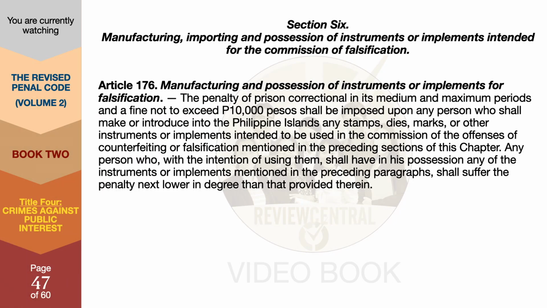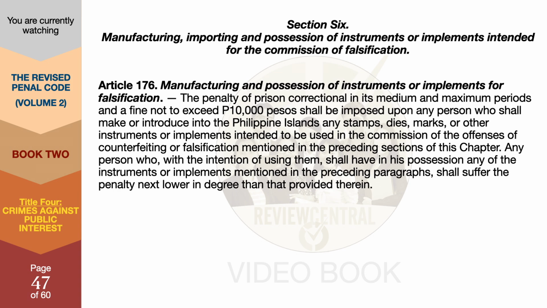Section 6. Manufacturing, importing, and possession of instruments or implements intended for the commission of falsification. Article 176. Manufacturing and possession of instruments or implements for falsification.